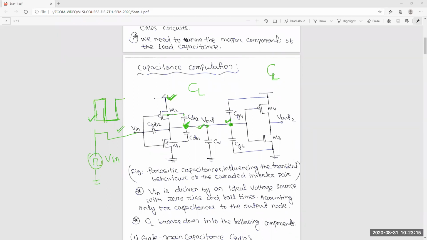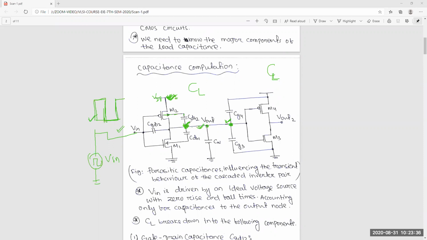For DC it is VDD, for small signal it is also 0. That means for small signal there is no change here, almost 0. So from this point to ground and this point to ground, we get two capacitances.